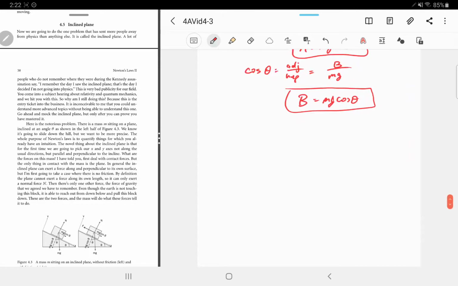So maybe a better way to write this is that the x component of the gravitational force is positive mg sine theta, and the gravitational force y component is minus mg cosine theta. Let me give myself some room. FGY is minus mg cosine theta.